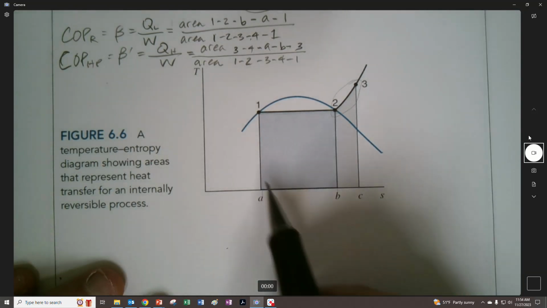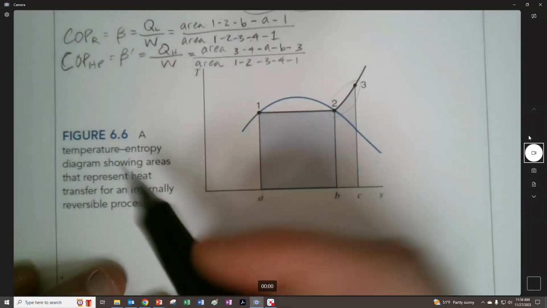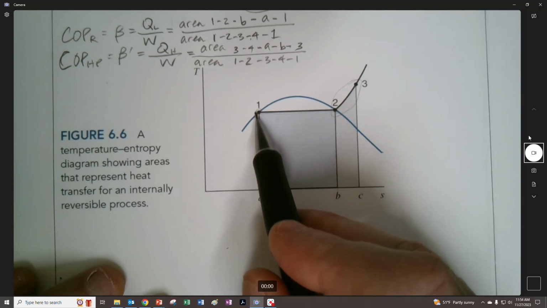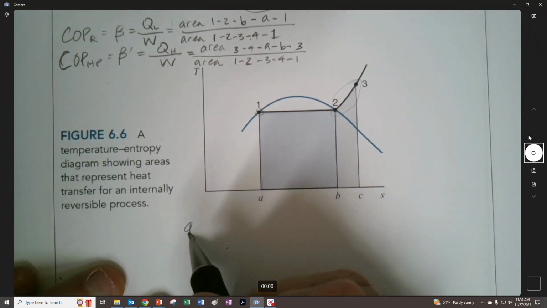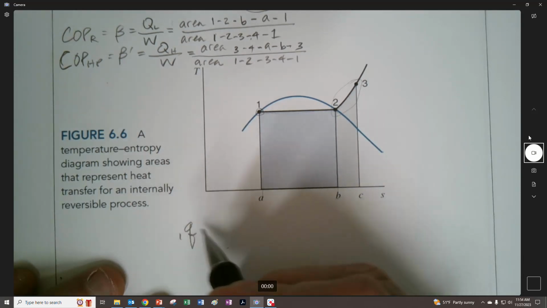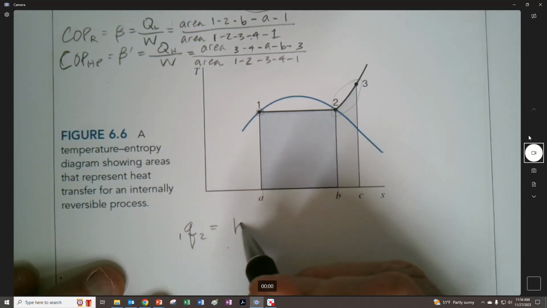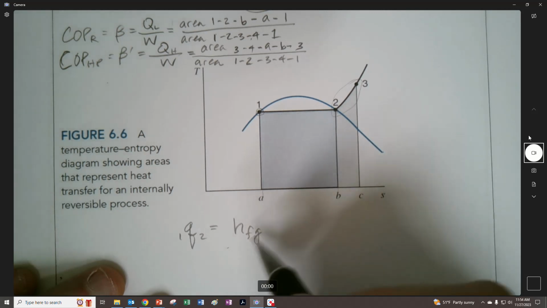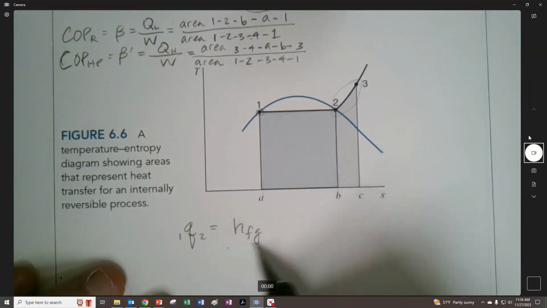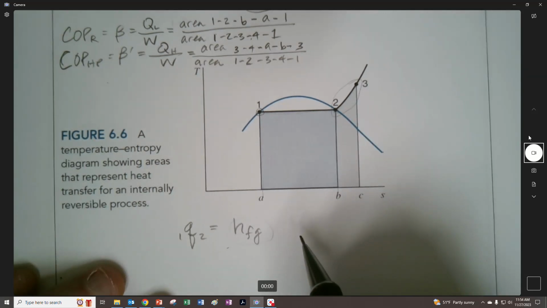So when looking at this, at least in this instance, it's not necessarily true all the time, but if you have this process from 1 to 2, you could say that the heat flow going from here to here is going to be equal to the enthalpy change between the fluid and the gas. So that's actually already in our tables.